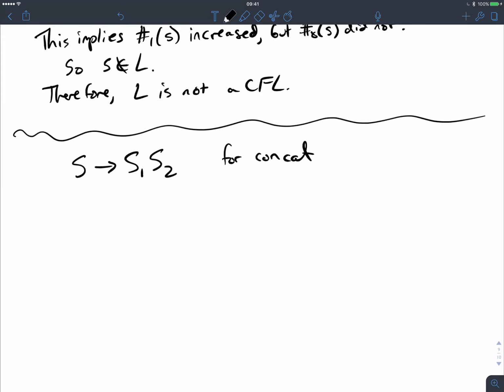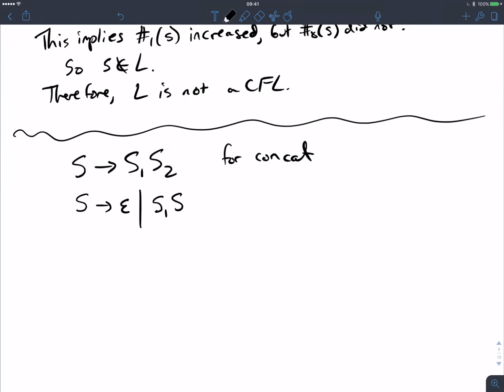What about star? Well, we can do this with grammars easily by making the empty string, because that's always in the star of any language. Or pick a string out of the original grammar and try again.